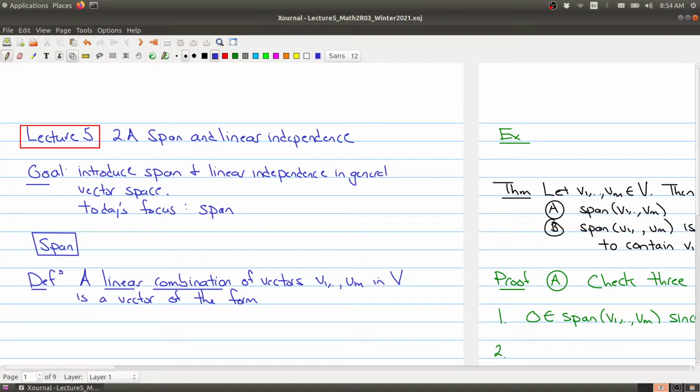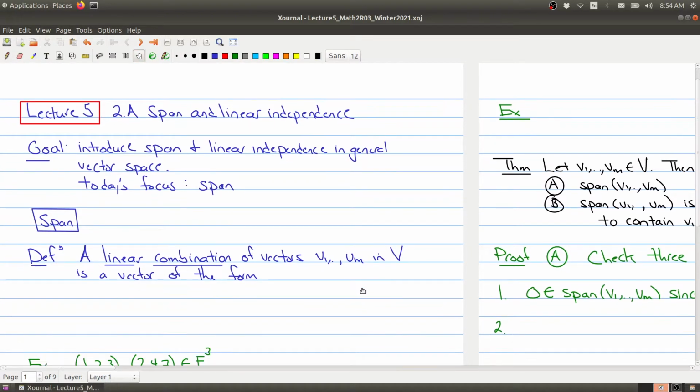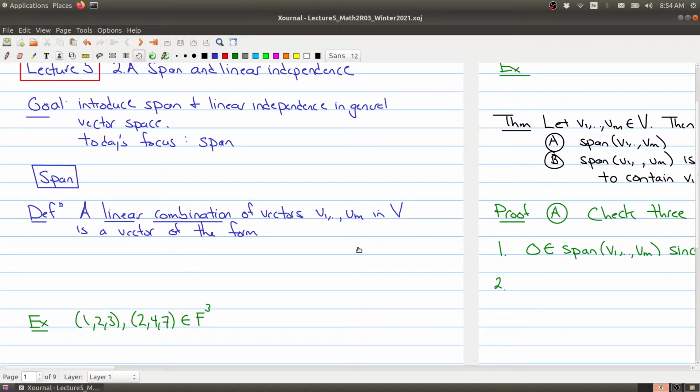A linear combination of vectors v1 through vm in a vector space is a vector of the form a1 times v1 plus a2 times v2 all the way up to am times vm, with each of these ai belonging to your field F, where F is either the real numbers or the complex numbers. That's just what a linear combination of the vectors is. You just take your vectors, take scalar multiples of them, and add them all up.